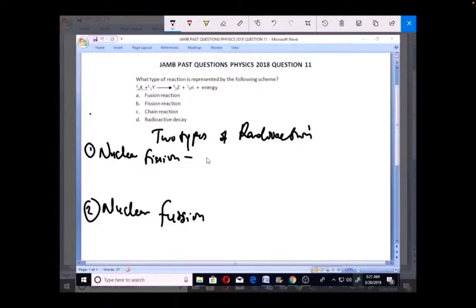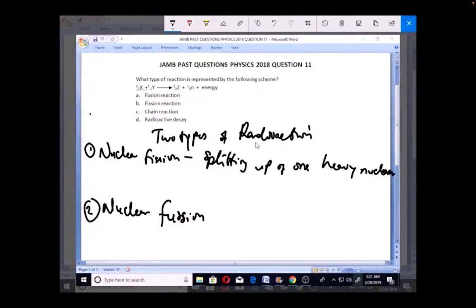Whenever you hear nuclear fission, we are talking about the splitting up of one heavy nucleus.